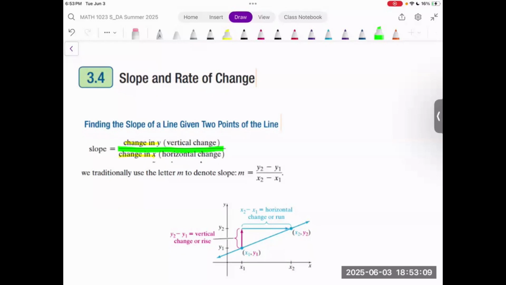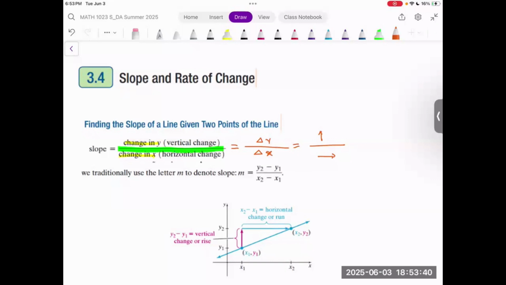Okay. So how are you going to see me using this, the change in y divided by change in x? You might see it like the variable delta y divided by delta x. Certain books use this notation. So delta means changes in x and changes in y. What you're going to be seeing me doing is using these arrows, rise over run.